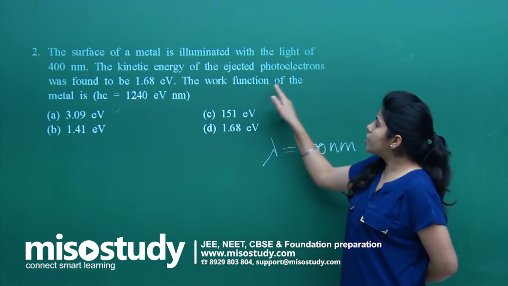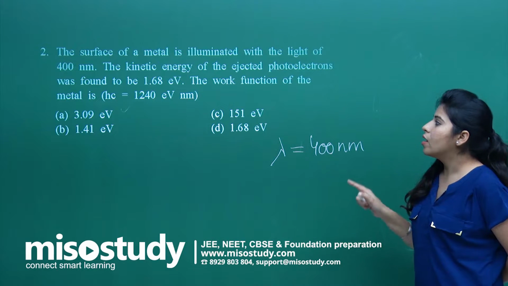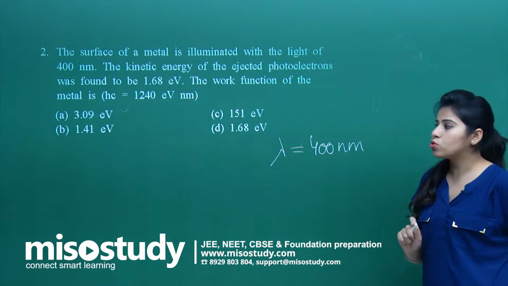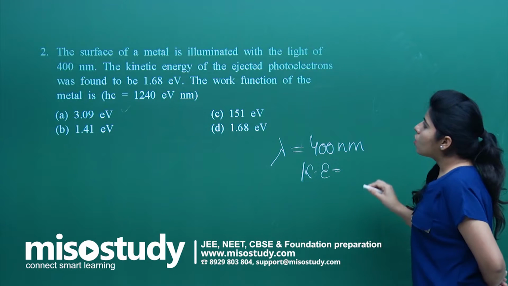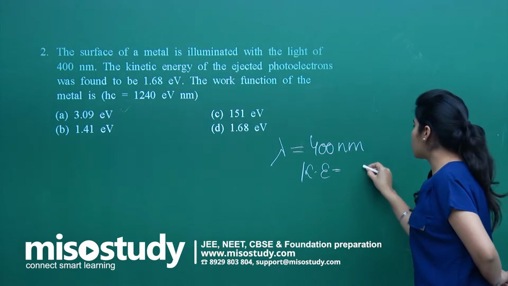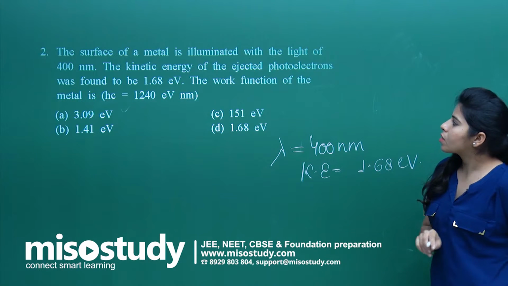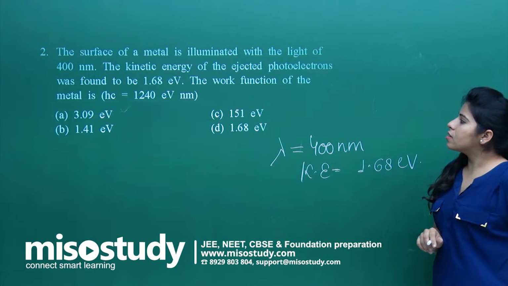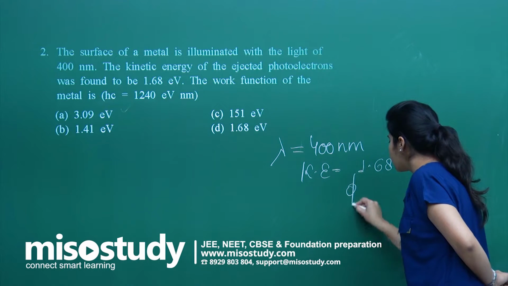The kinetic energy of the ejected photoelectrons was found to be 1.68 electron volt. So let me write here, kinetic energy of the ejected photoelectron was 1.68 electron volt. Now, what is the work function of the metal? We have to find this work function.